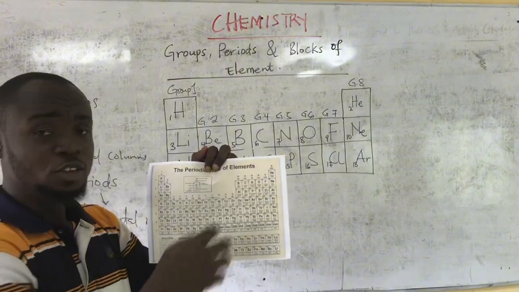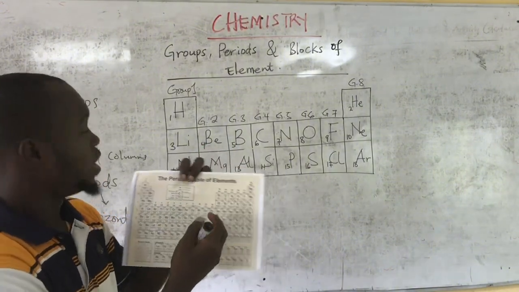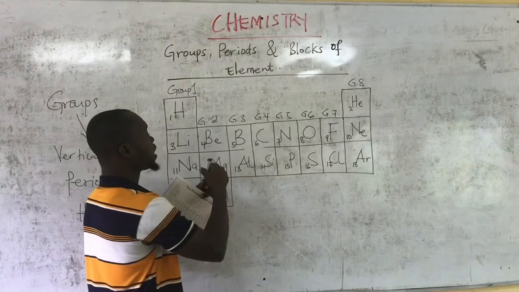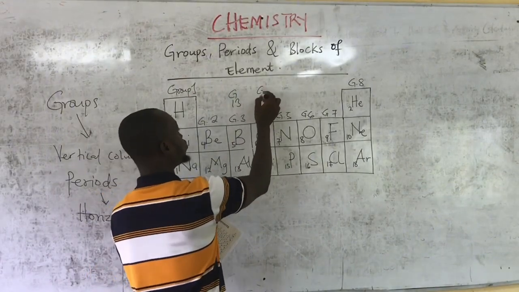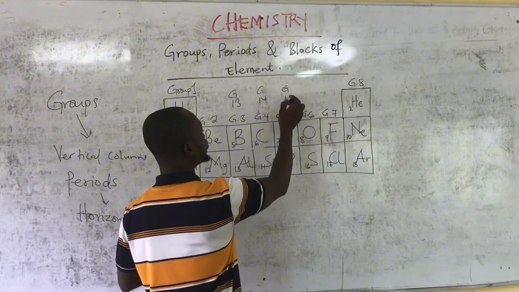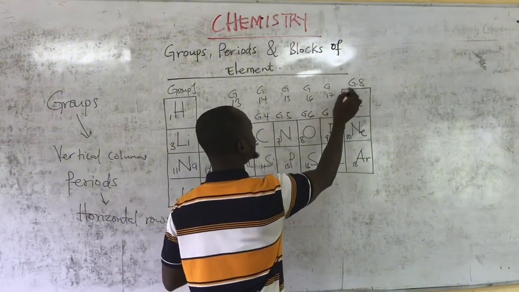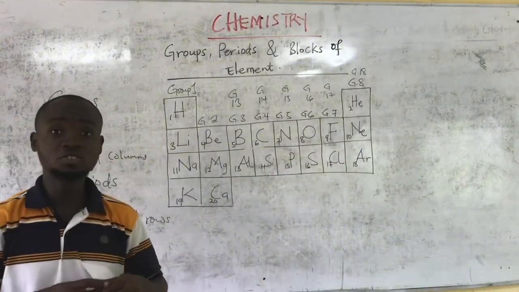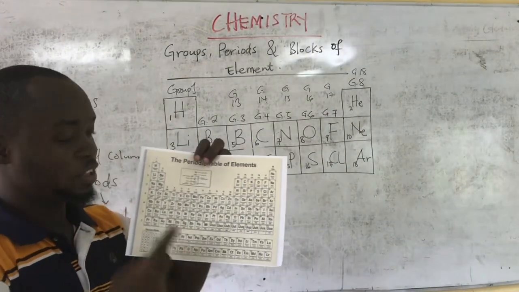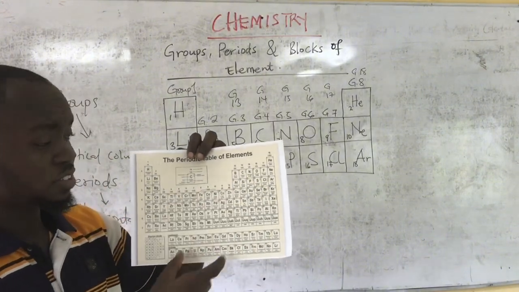So if we are including the transition series, the group 3 here will become group 13. This one becomes group 14, this will become group 15, group 16, group 17, and this becomes group 18, with the inclusion of the transition series.